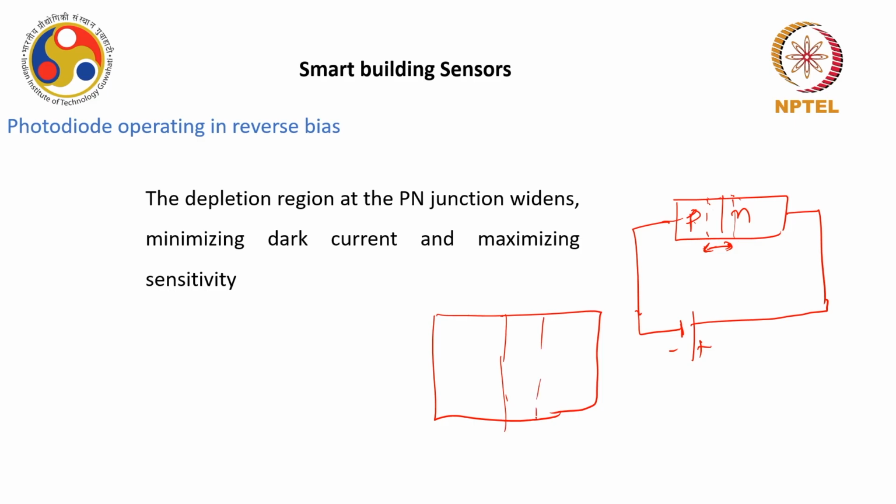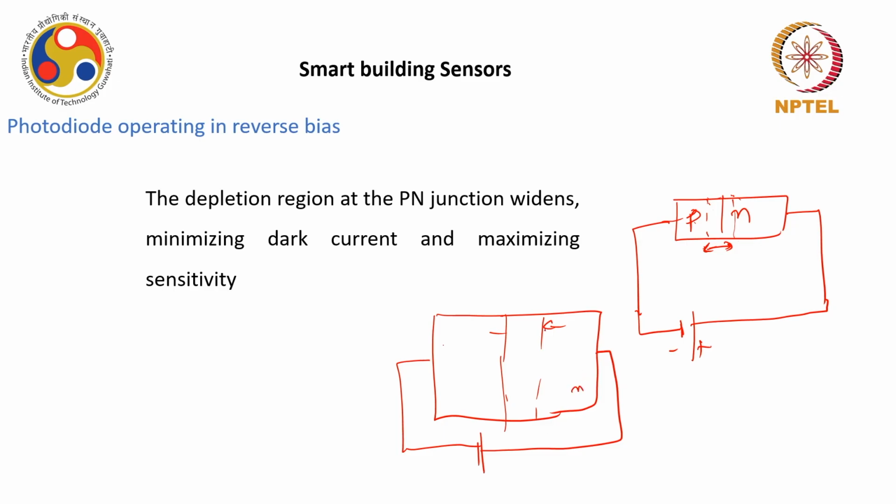Now in this depletion area, say this is the depletion area and this was my P side, right? And this was my N side.